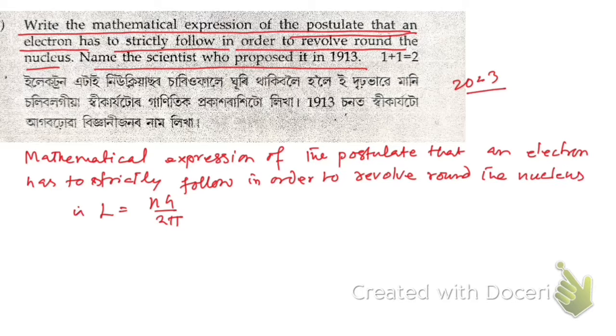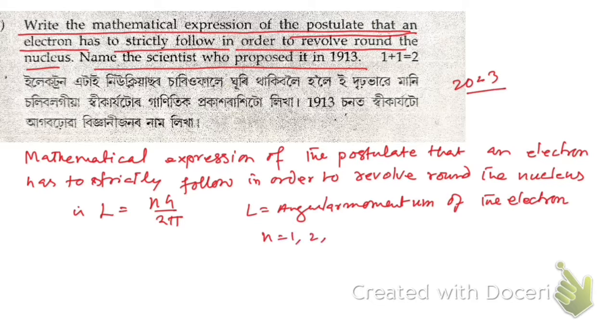Where L is angular momentum of the electron, n is equal to 1, 2, 3 and so on, h is Planck's constant.